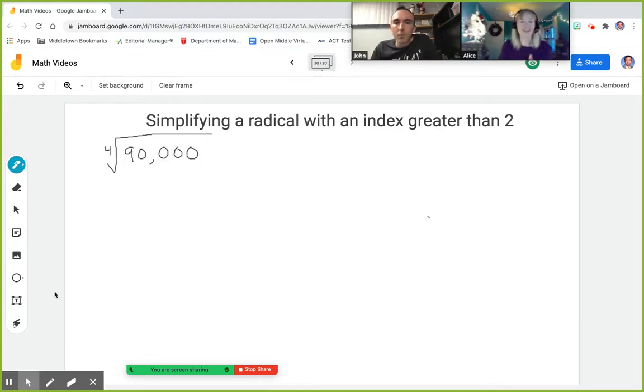Okay, so for our next problem, now we're looking for the fourth root of 90,000. And I'm excited. So I'm going to be careful to keep my notation correct. The index is 4 in this case. I'm going to break down 90,000, and the first thing that comes to my mind is 9 goes in.